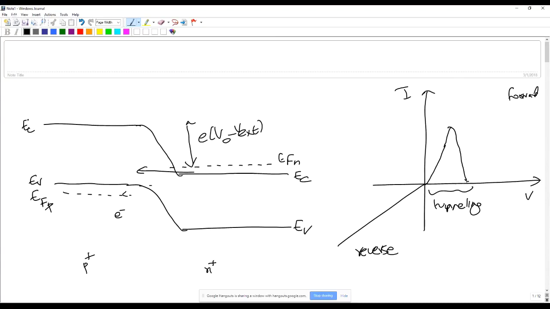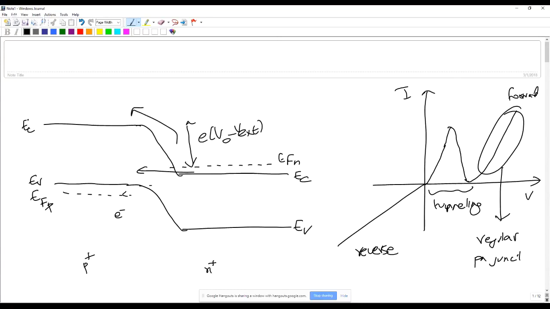But as the voltage increases, your current starts to increase again because now you have the regular injection of minority carriers, which is how PN junctions work. So this is your regular PN junction behavior. And then this is the tunneling behavior.